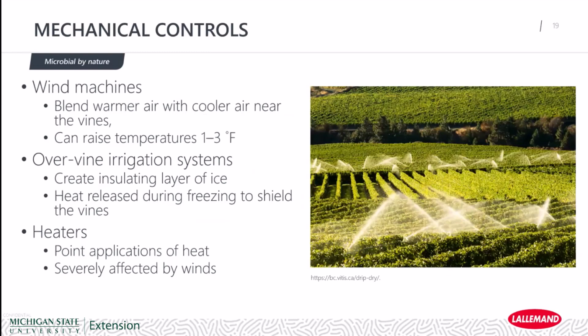The mechanical controls, which are more of the active type of protections, are going to be wind machines, over vine irrigation, and heaters. These are the 3 most common that are used. Wind machines will blend warmer air with cooler air near the vines.